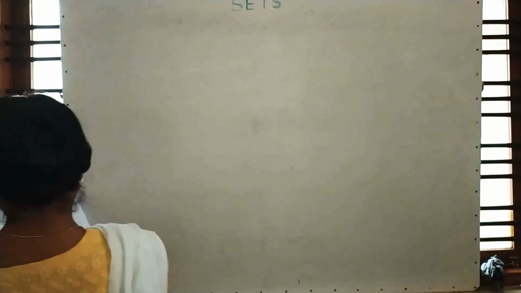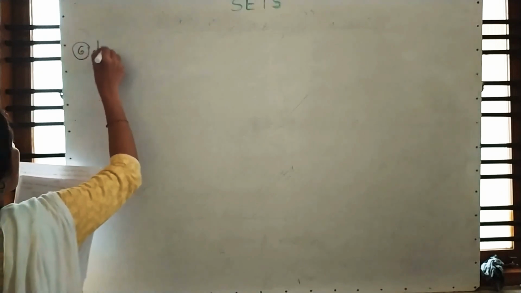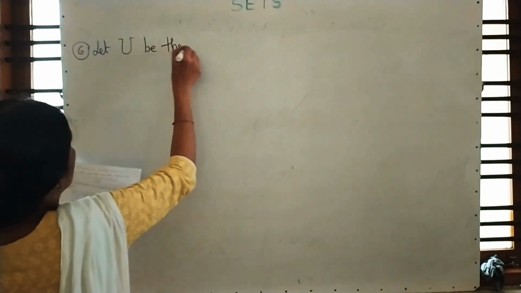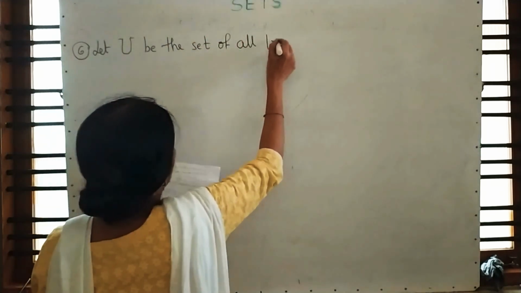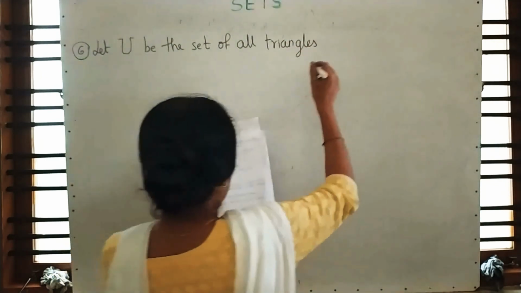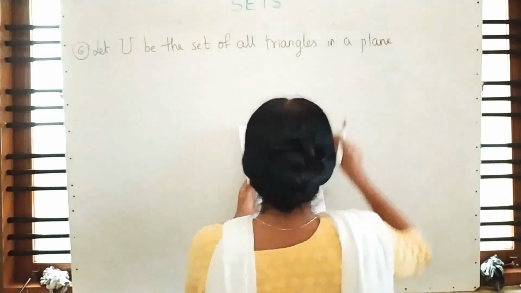Let U be the set of all triangles in a plane.